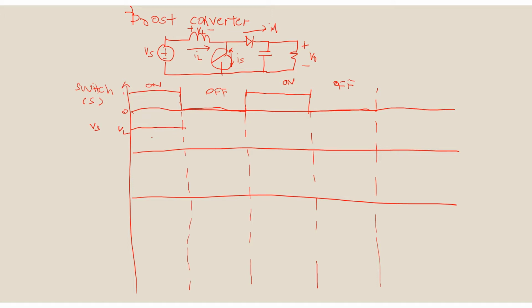Remember previously we said that when the switch mode is on, Vs equals VL. When it's at the off mode, the VL now becomes negative, Vs minus V out. And the waveform repeats itself again.